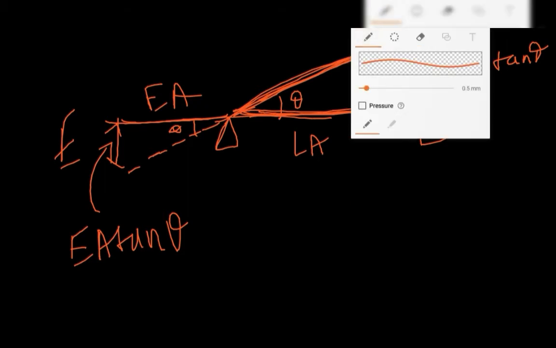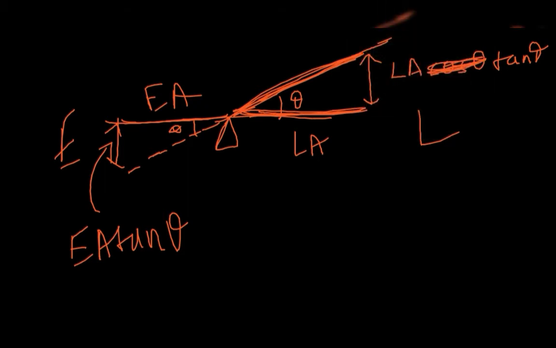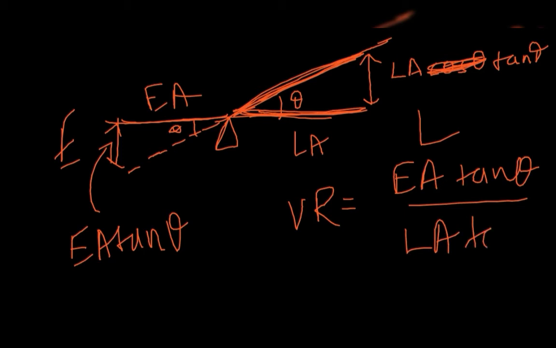So let's try to prove it. The distance it has moved: VR is nothing but how much the effort moves by how much the load moves. So it will be nothing but EA tan theta by LA tan theta.